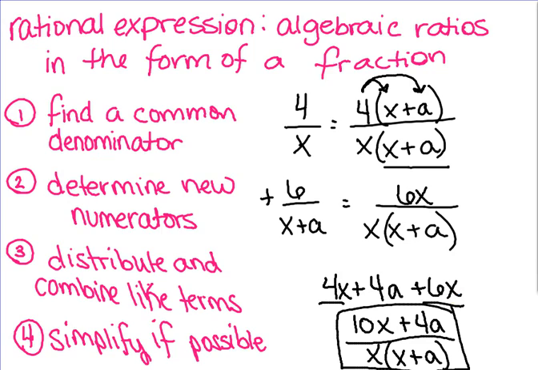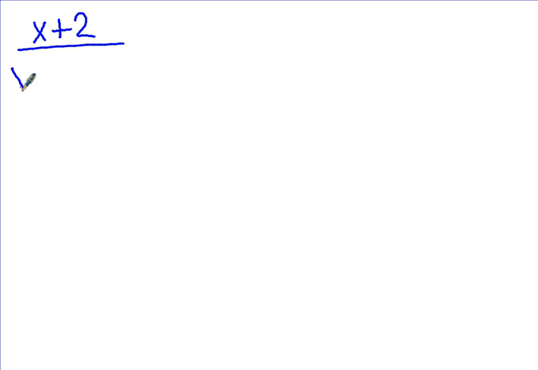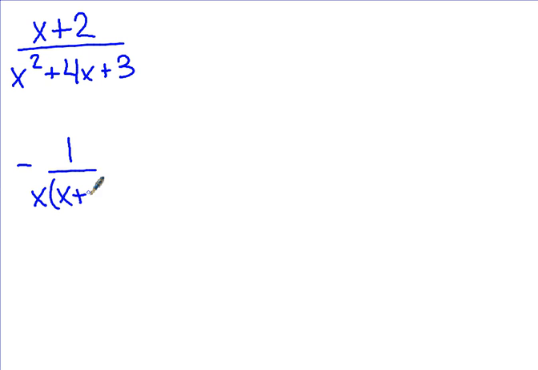All right, let's go ahead and look at another example. This one's a little bit more complicated. x plus 2 over x squared plus 4x plus 3 minus 1 over x times x plus 1.